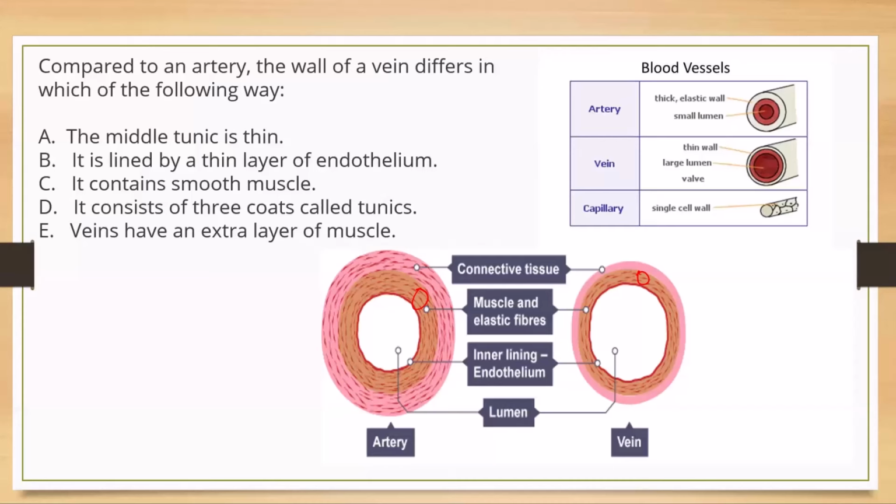The outermost layer has more connective tissue in veins than in arteries, but the diagram here didn't give a true picture of how the outermost layer really looks. So the answer is A.